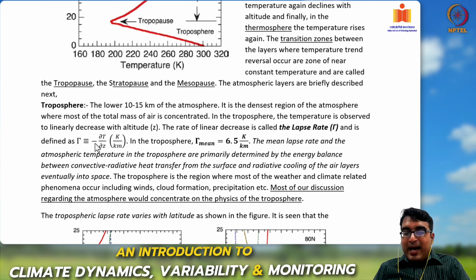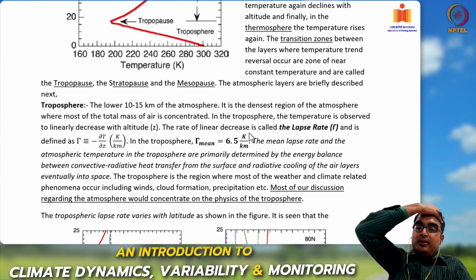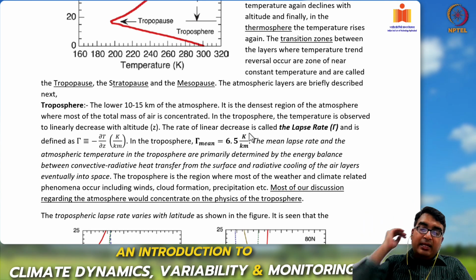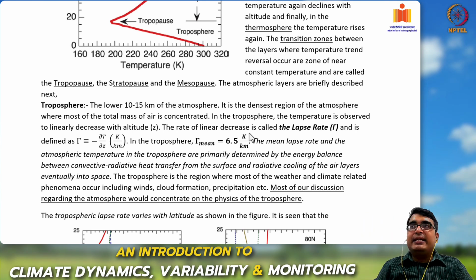This means that the lapse rate is positive because temperature is decreasing with Z. The mean lapse rate of the troposphere is around 6.5 kelvins per kilometer. So for every kilometer increase in altitude, the mean air temperature decreases by 6.5 kelvins or 6.5 degrees centigrade.